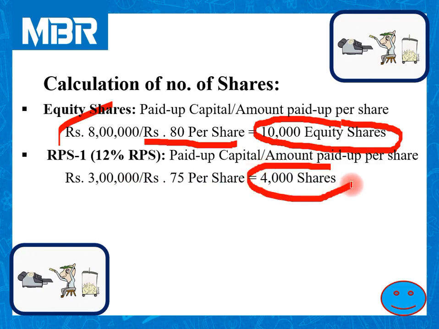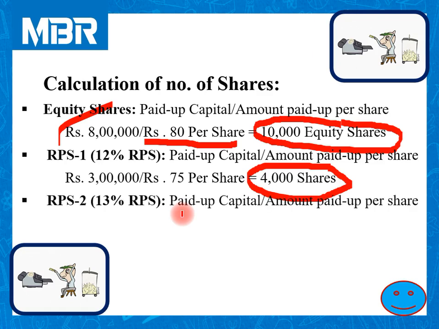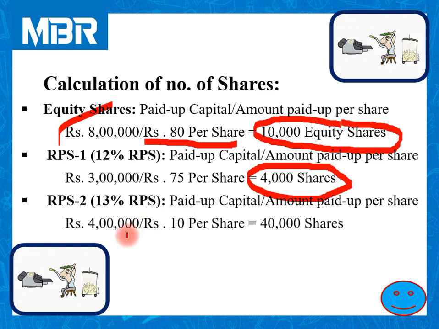So we can conclude that the company has issued 4,000 12% RPS. Then 13% redeemable preference shares. Paid up amount is 4 lakhs. Face value is 10 and paid up value is also 10 because RPS 2 is fully paid up. 4 lakhs divided by 10, so 40,000 shares.